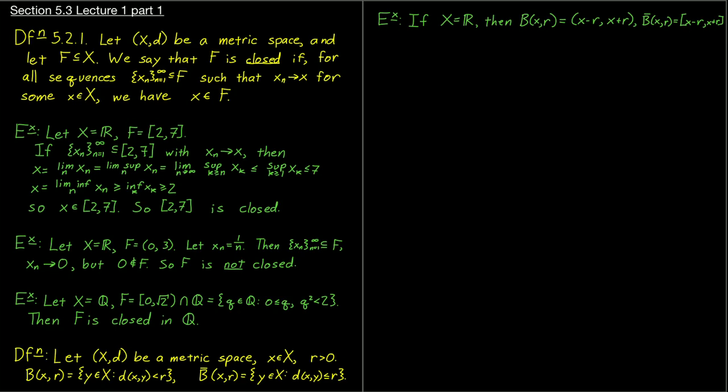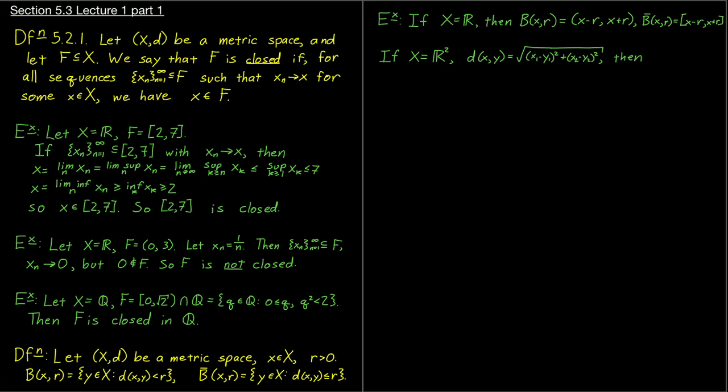So here is another example. If X is R2 and our distance is the usual Pythagorean metric, then the open ball centered at x of radius r looks like this.